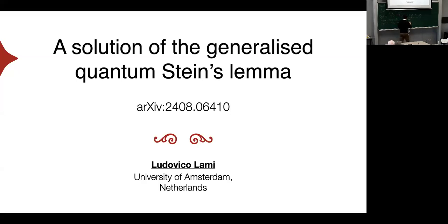So let me define this as minus log of beta epsilon of rho and sigma. This is called the hypothesis testing relative entropy. And this is really the type 2 error probability, but in disguise with the minus log. So that's why some people don't like to write hypothesis testing relative entropy. They just write minus log beta epsilon.